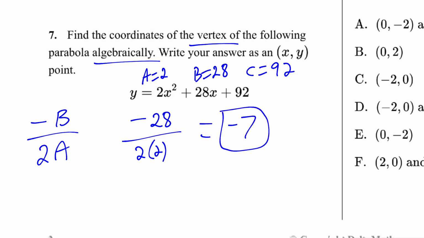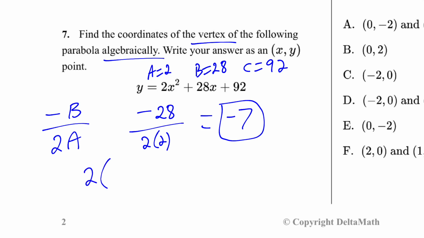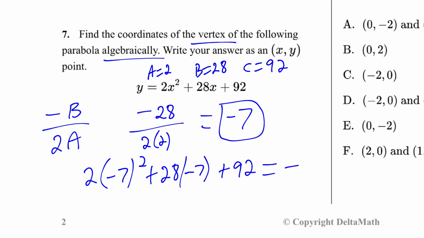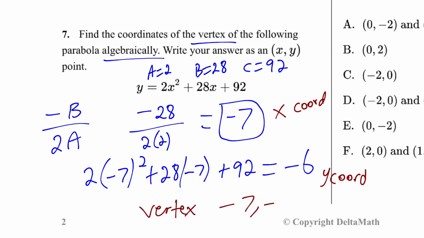We're going to take that and plug it in. So 2 times (-7) squared plus 28 times -7 plus 92, and that equals -6. So this is my x coordinate, this is my y coordinate, my vertex is (-7, -6).